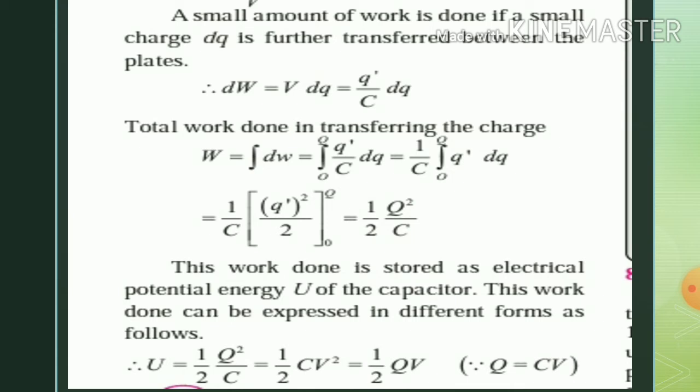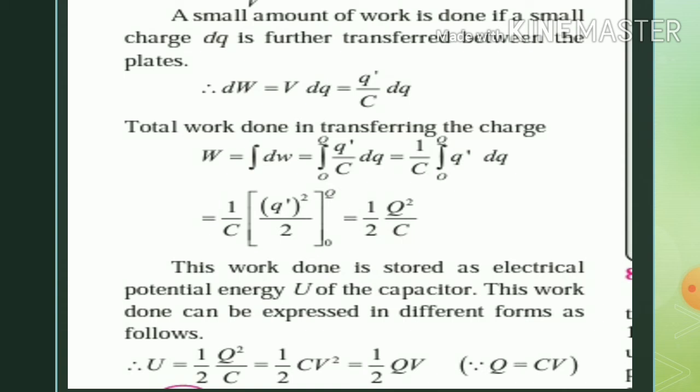But 1 upon C is a constant term. Taking this constant outside the integration, we can write W equal to 1 upon C into integration from lower limit 0 to upper limit capital Q of Q dash into dq.